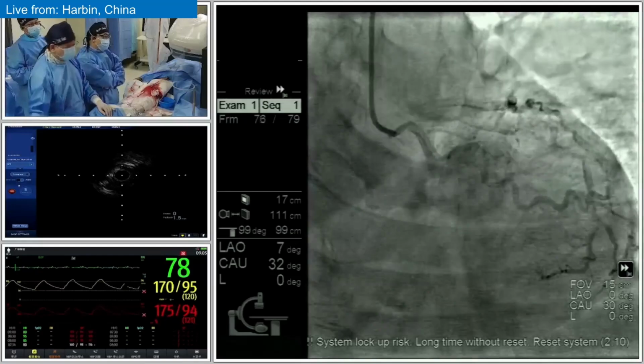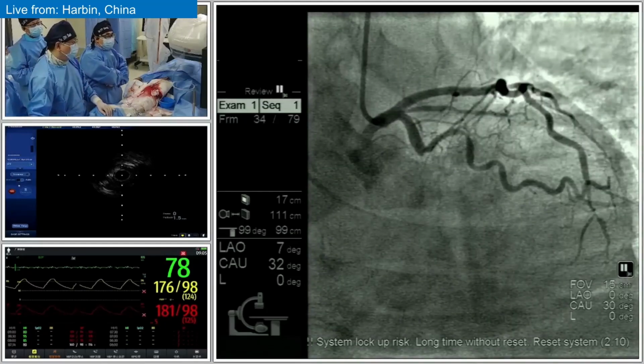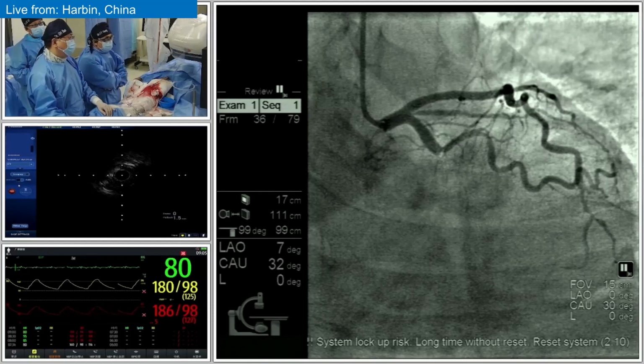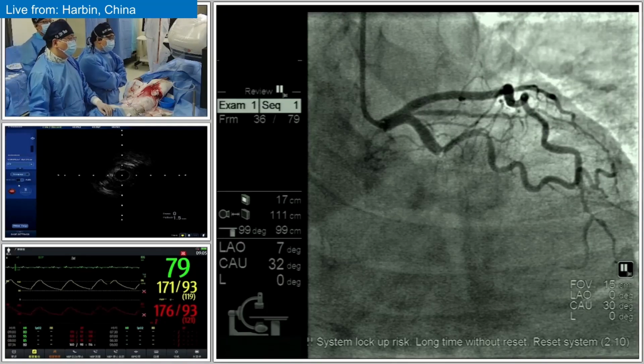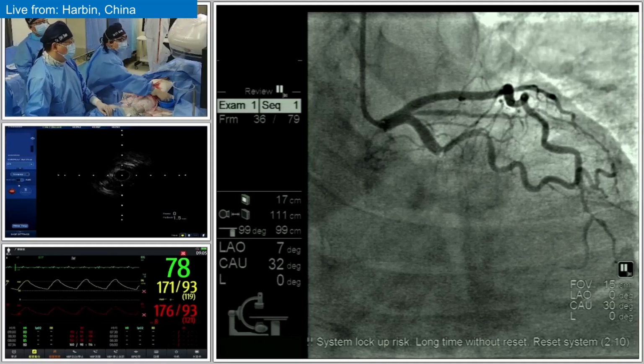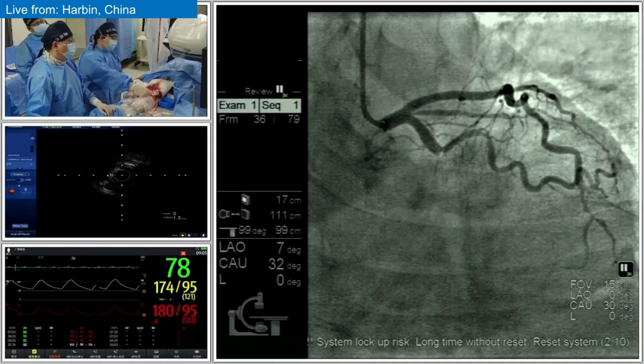According to the shaping of the proximal cap, we can choose the appropriate wire for advancing into the occlusion segment.